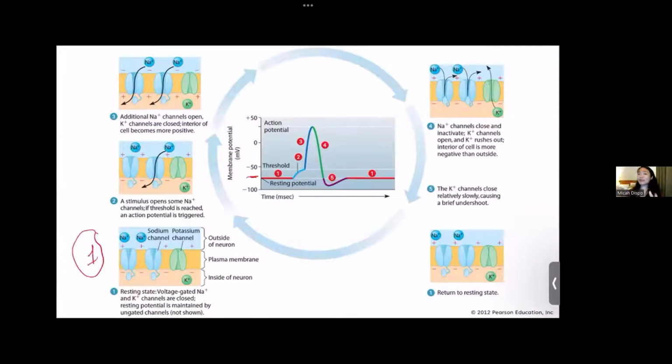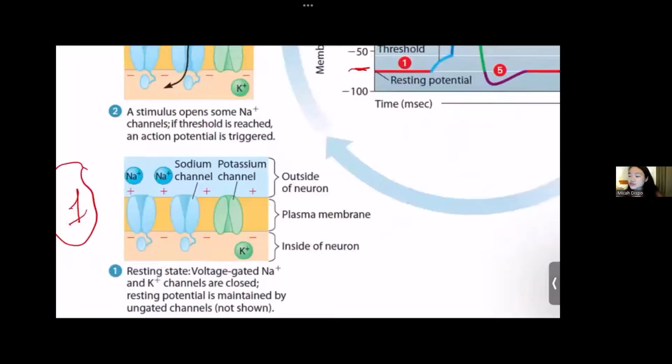You have your always-open channels, which I discussed earlier, and your sodium-potassium pump, which helps maintain your resting membrane potential. Apart from these, we also have voltage-gated sodium and potassium channels that are closed, and these are sensitive to changes in voltage. Recall that lecture on membrane transport. At resting membrane potential, these voltage-gated channels are closed.